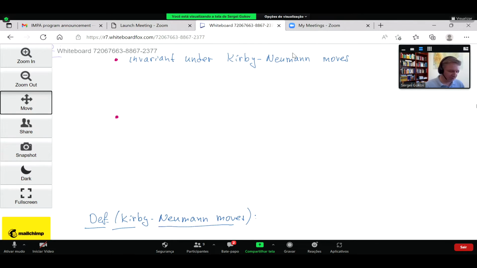So the implication of this bullet point is that we got ourselves an invariant of three manifolds. So that's already interesting, and it's some kind of Q-series invariant of three manifolds.